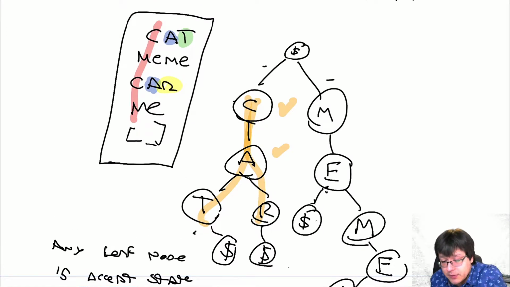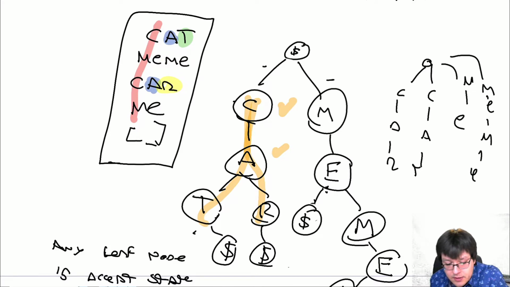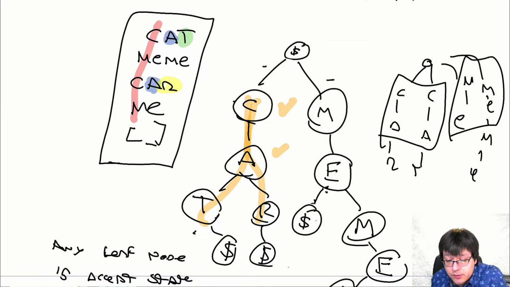So like if we had something like this, so we had car, and then we had cat, and then we had meme, and then we had me. This is wasteful, and this is wasteful.